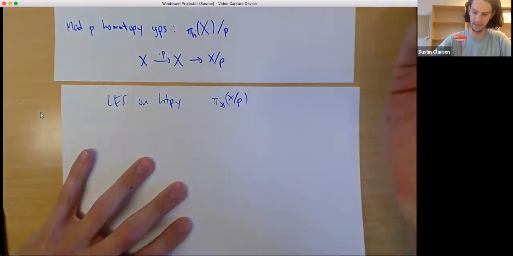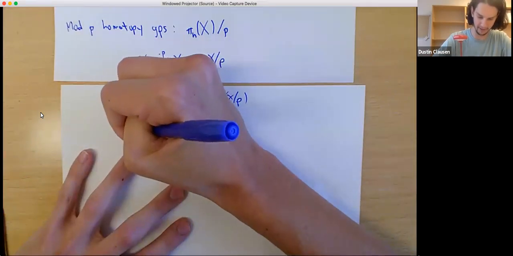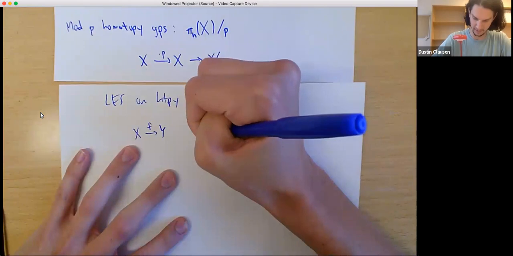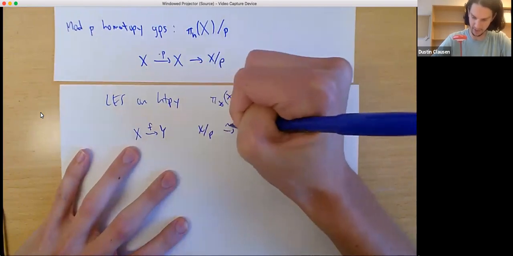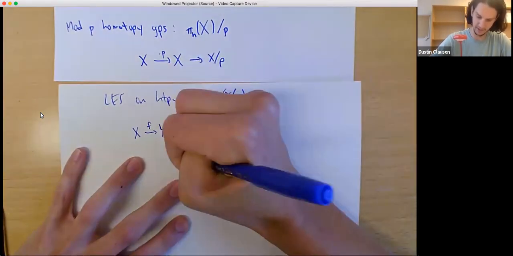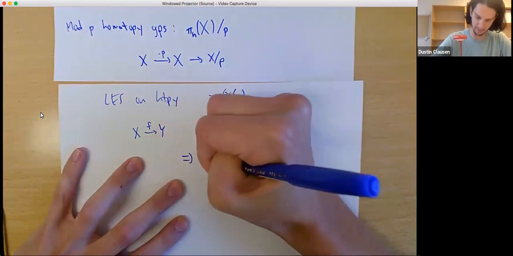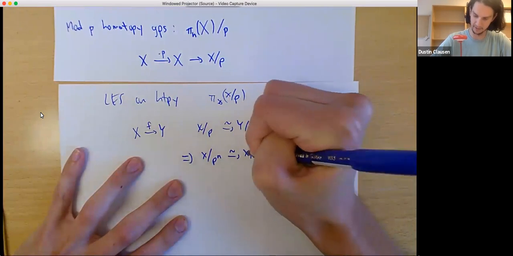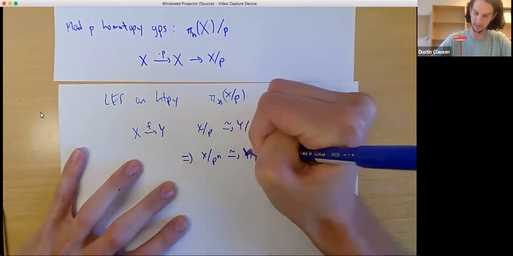One measure of this extra flexibility is the following fact. If you have a map of spectra X to Y such that the induced map from X mod P to Y mod P is an equivalence, then you automatically get that this lifts mod all powers of P. If you take mod P to the n in the same sense, that's also an equivalence.